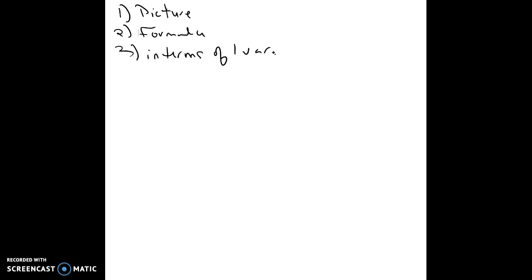Now, an easy one where you can skip the middle step would be, for example, say you have something where they tell you that you have a semicircle that is inscribed in a rectangle. All right, so here's a rectangle, and you have a semicircle that's inscribed, so it's inside of it.